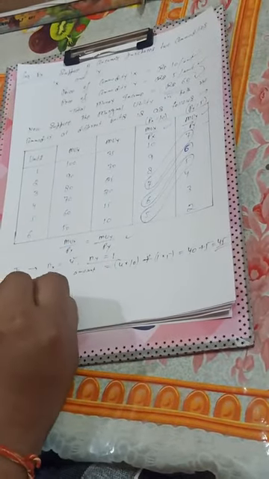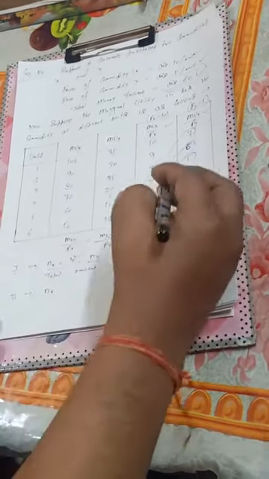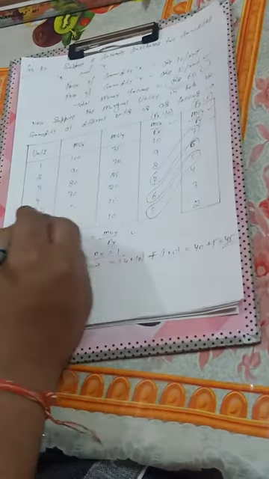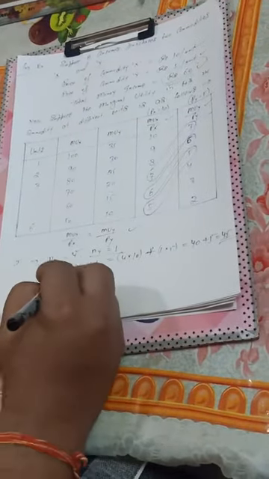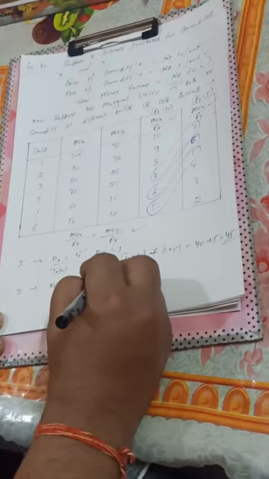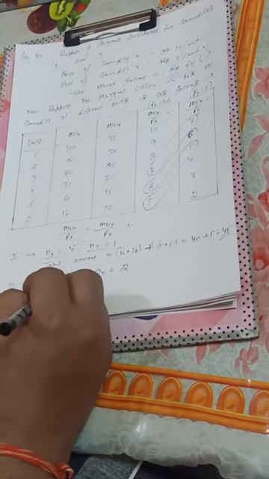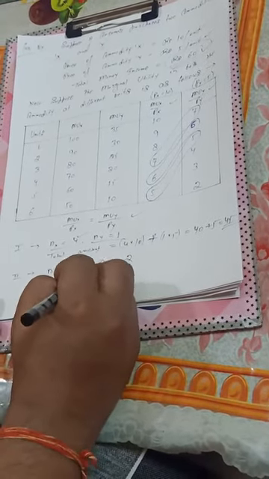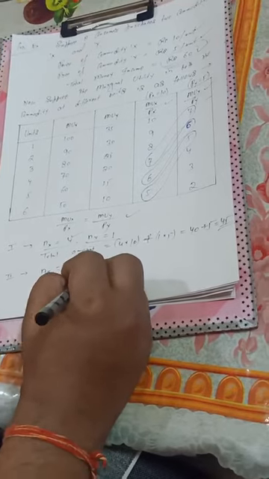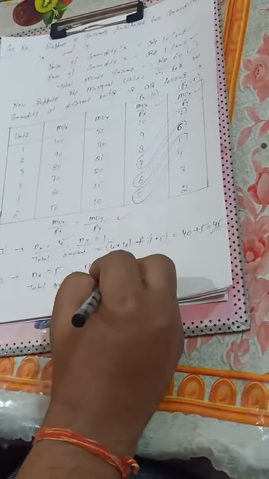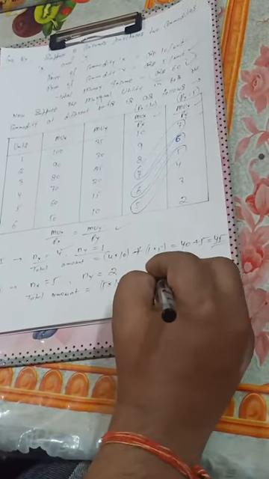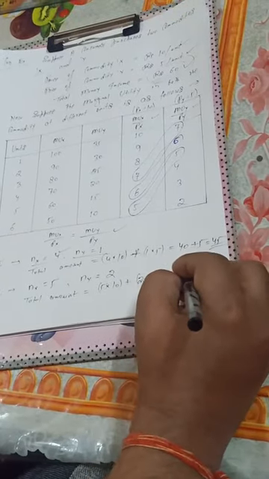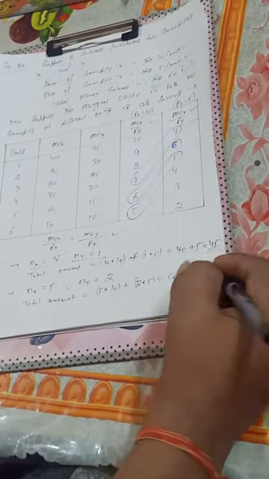Take the second case. At this, the number of units of X is 5 and units of Y is 2. So Nx is 5 and Ny is 2. Total amount is 5 into 10 plus 2 into 5. 5 into 10, 50. 2 into 5, 10. 50 plus 10, 60.